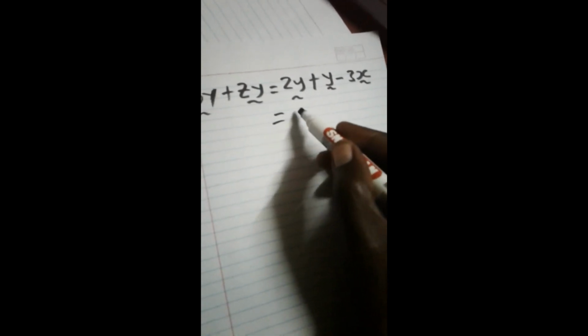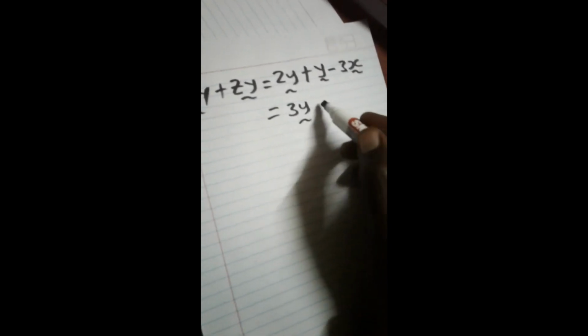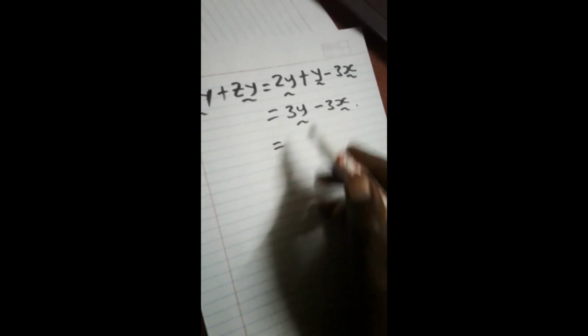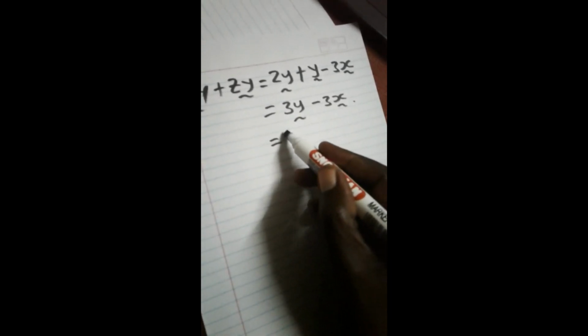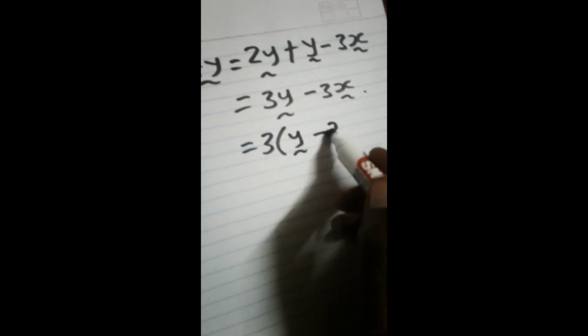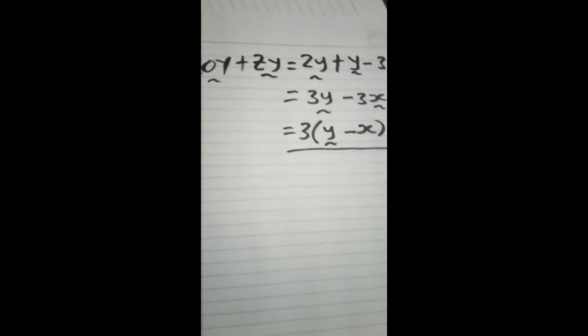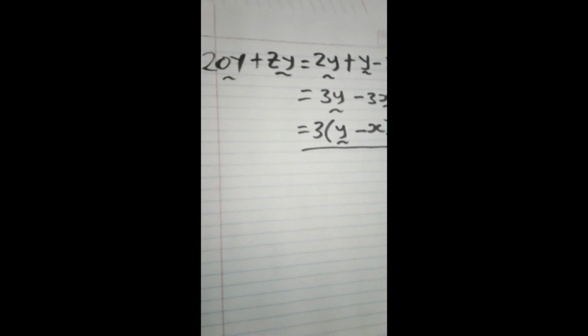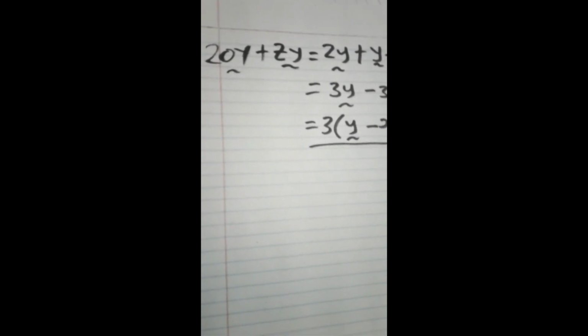Don't forget vector symbols. This will give us 3y minus 3x vectors, but 3 is common, which you can factorize out, and we shall have 3 times y minus x. So this is how we can express a given expression in terms of vectors x and y.